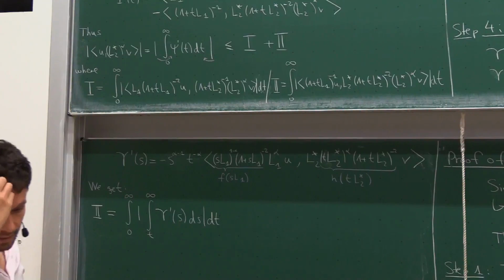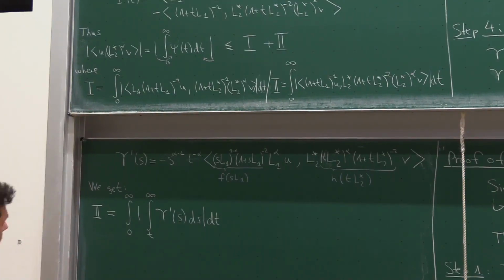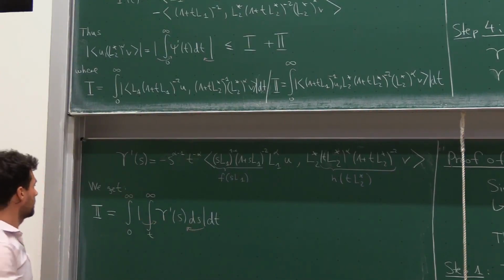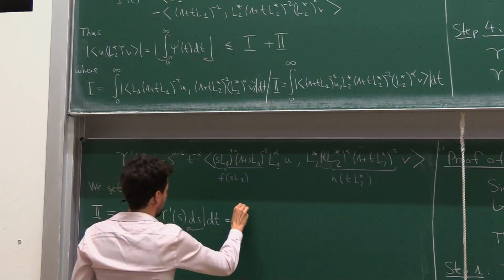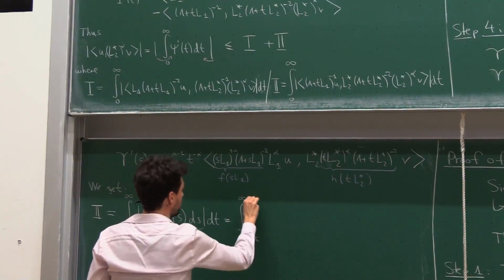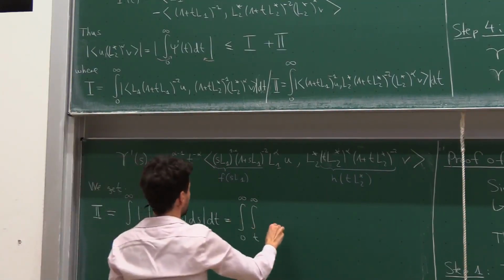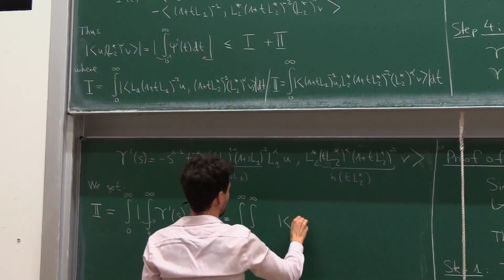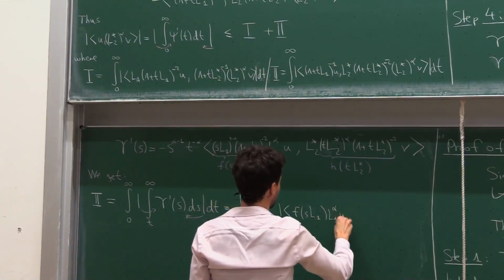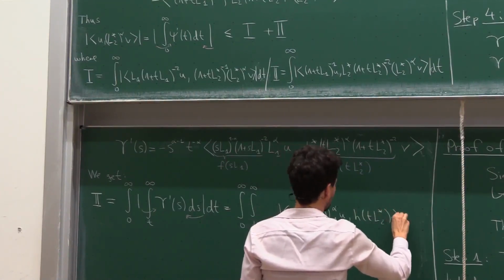That I can do. Now I bring absolute values inside, as I always do, at least at the right moment. And then I get integral from 0 to infinity, integral from t to infinity. I get this sort of expression, so it's absolute value of inner product f of sL1 acting on L1 to the alpha u, h of tL2 star acting on v.